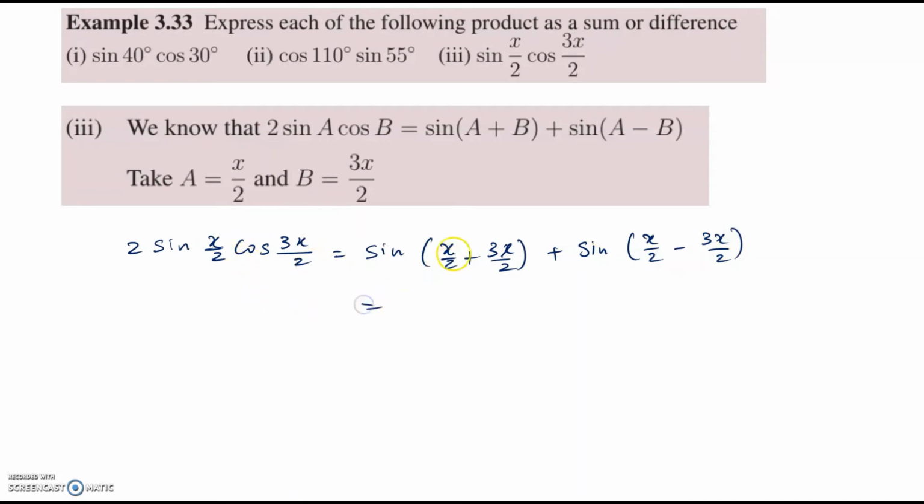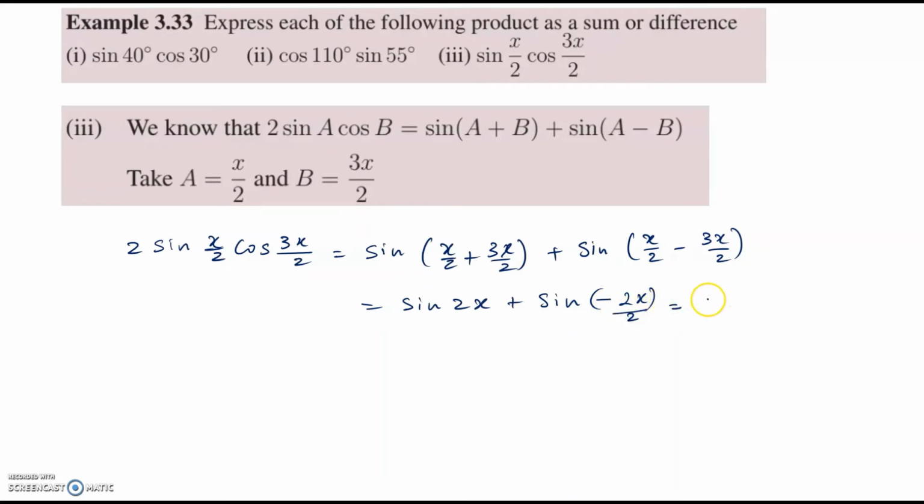So simplifying, this becomes sine of 4x by 2, which would be 2x, plus sine of x minus, would be minus 2x divided by 2.